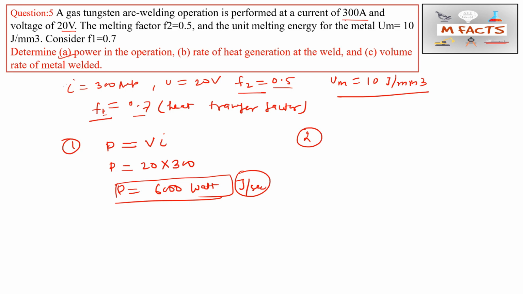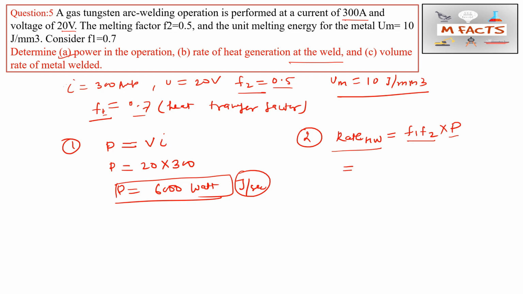Next thing they are asking is the rate of heat generation at the weld. So how can we calculate the rate of heat generation? Suppose I am writing rate of heat generation, WHW is equal to F1 into F2 into the power. If we multiply the power by these factors, then we will be able to calculate the rate of heat generation at the weld pool.